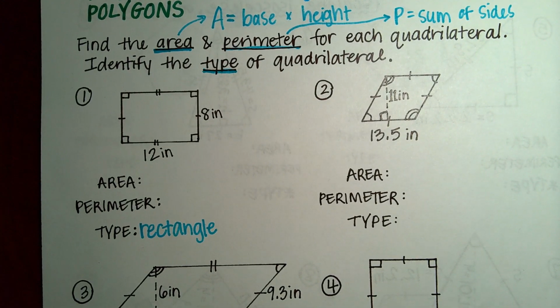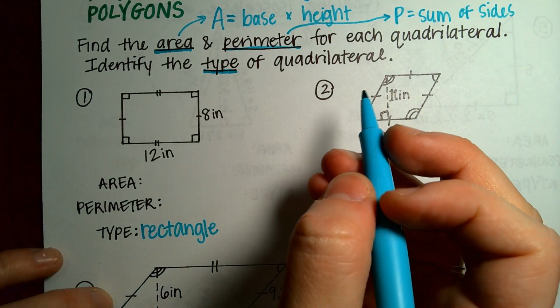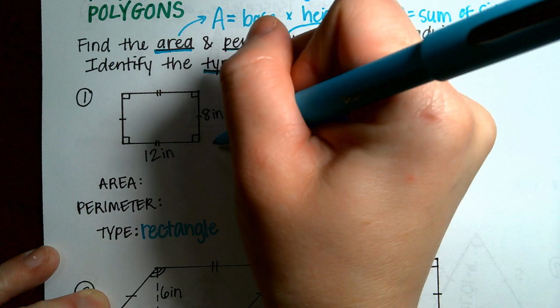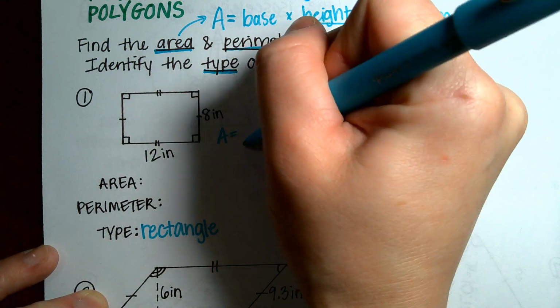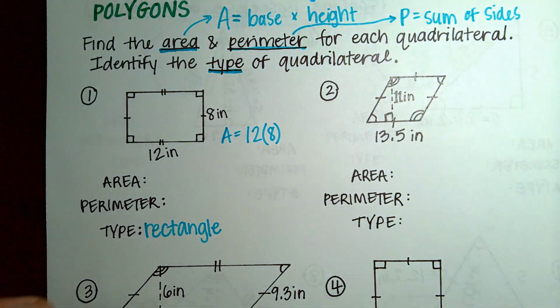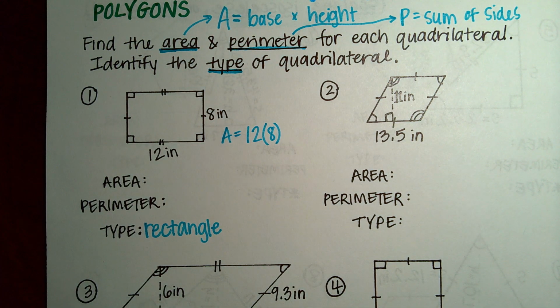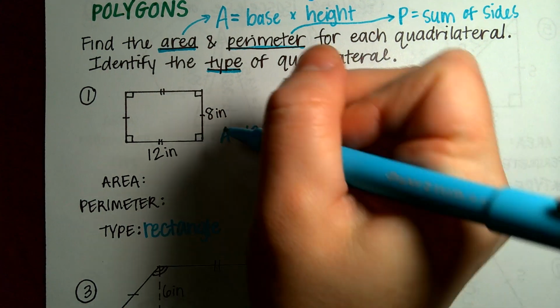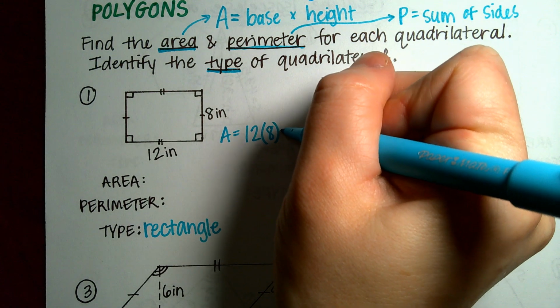Okay, so how do we find the area of the rectangle? Yes, area equals 12 times 8. And we'll get a calculator and see what that gives us. Honestly, I'm gonna go get one of the yellow ones because that's a whole lot easier to use.